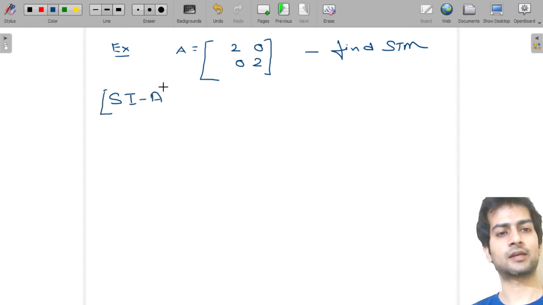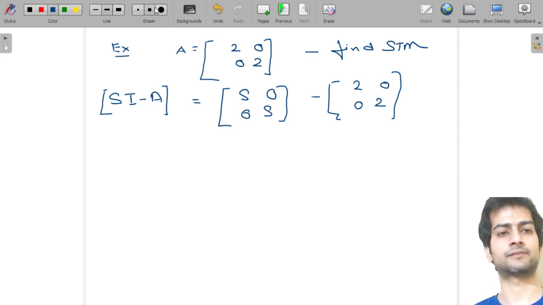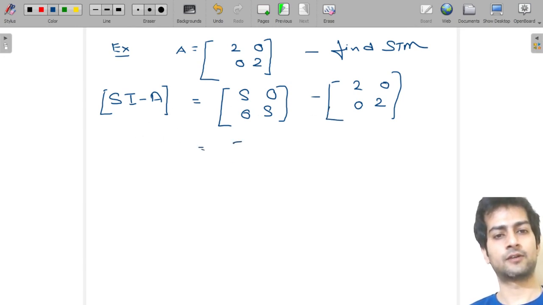These are basic matrix properties which you must know very well, so here I have nothing to teach. Just see it: sI minus A. Now we will get something like this.